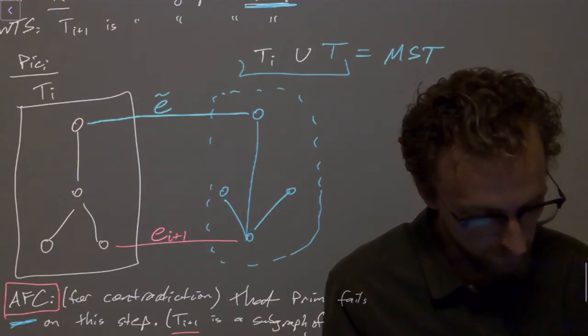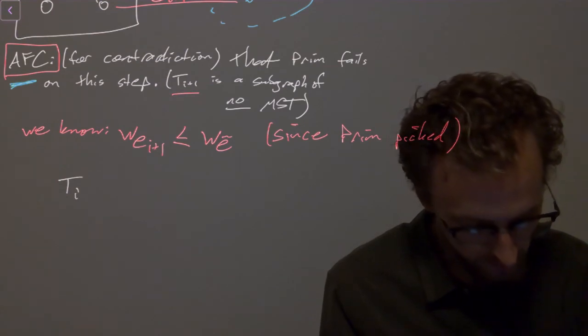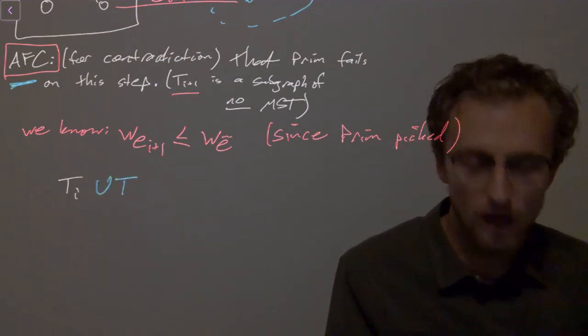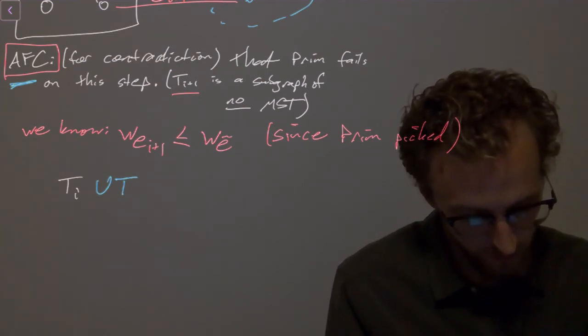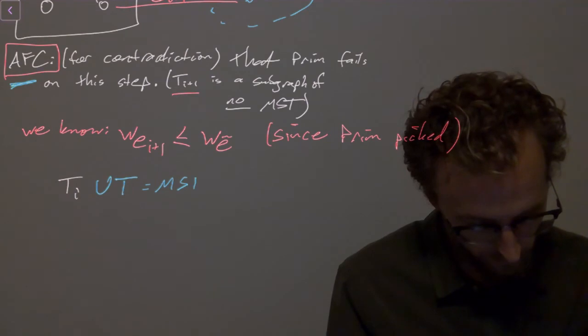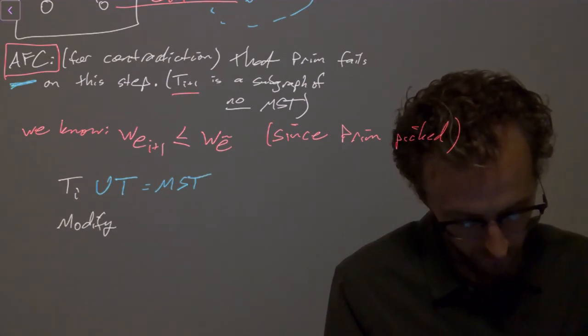So let's take our tree, Ti, and I'll keep the color coding intact. Ti union T, and I'm going to modify it. What do I know about this? I know this is an MST. Now I want to modify it in two ways.